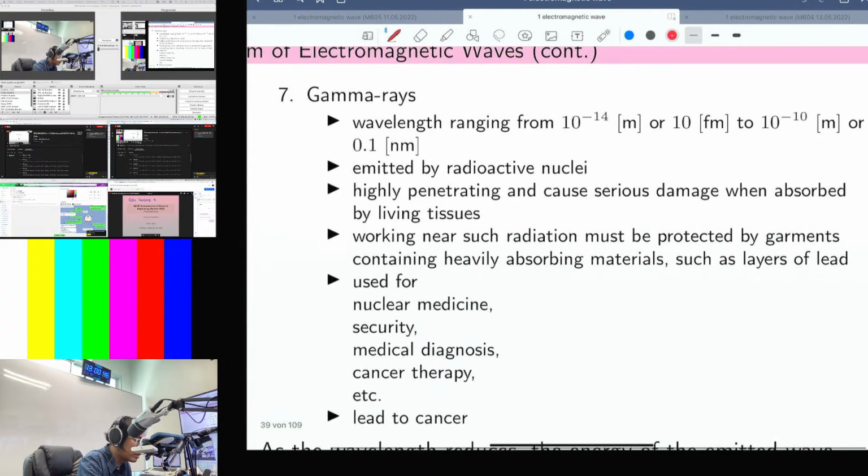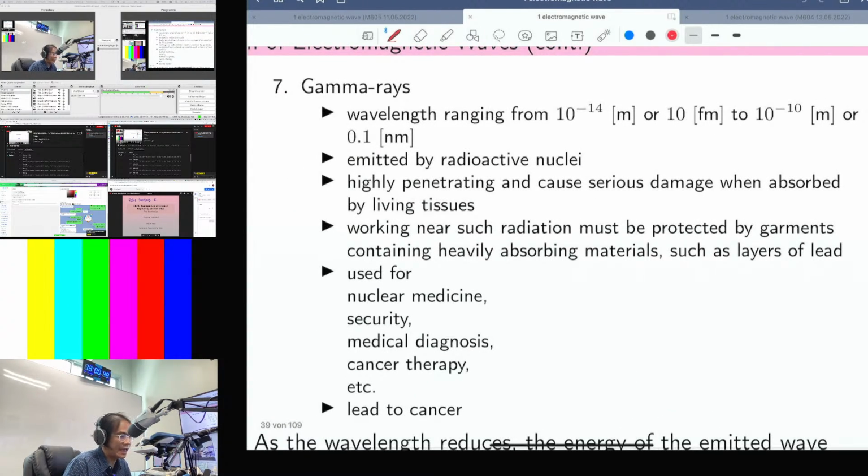What about the good thing? What is the benefit of the gamma rays? It is used for nuclear medicine, also for security purposes.